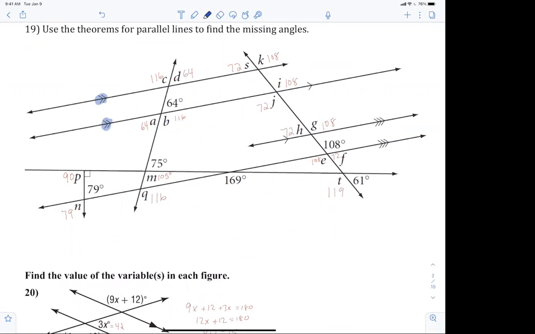Notice parallel, parallel, and also parallel and parallel. So what's true about all of those lines? They're all parallel. So all the corresponding angles are going to be congruent. All the alternate interiors are congruent, and so on and so forth.